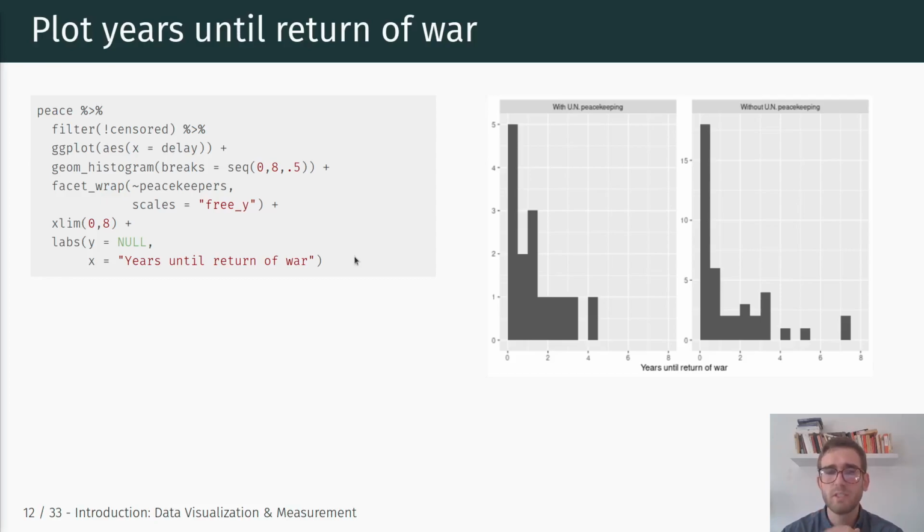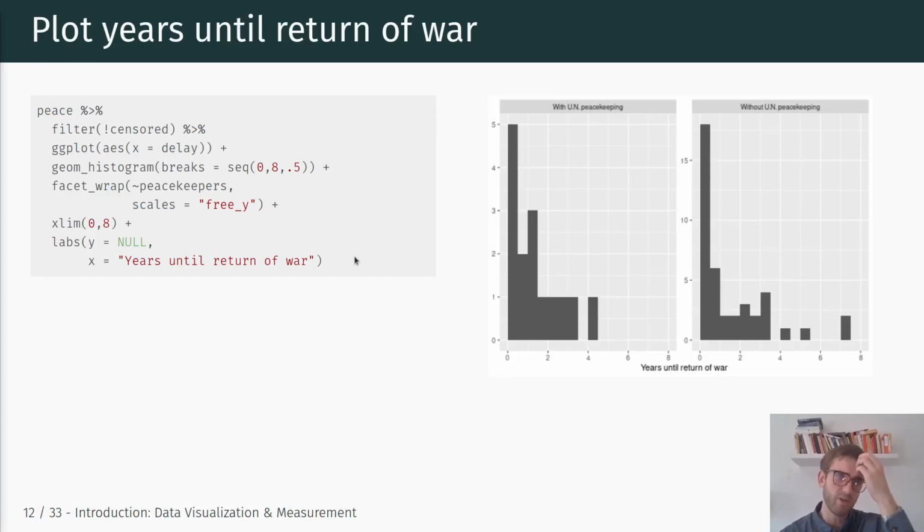So ultimately, the results of this study and the results of this graphic and the average comparisons suggest that peacekeeping is effective, but of course there are concerns about selection bias, right? So perhaps it's the case that peacekeepers choose easy cases, so to speak.